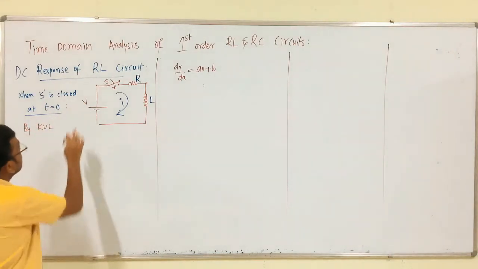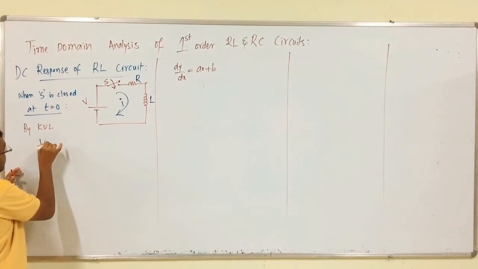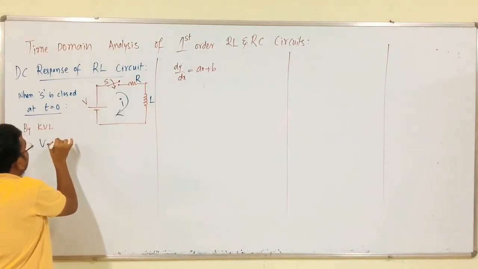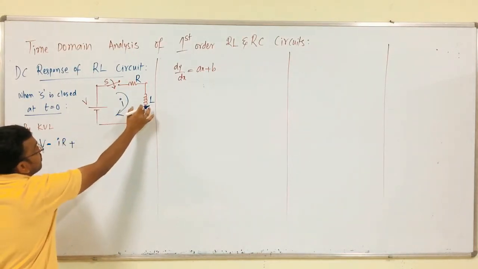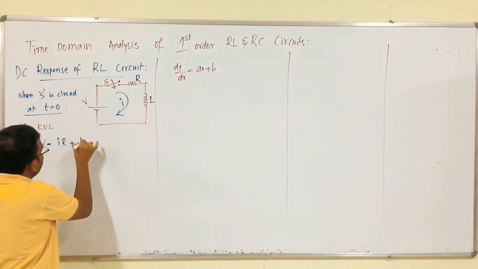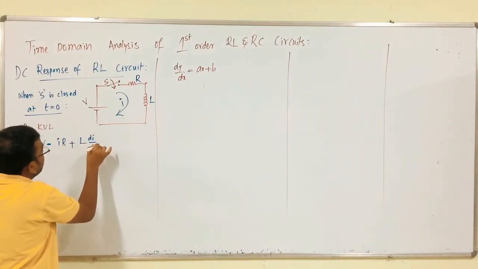What is the equation? Simply V equals I into R plus, in case of inductor, V equals L into dI by dt.